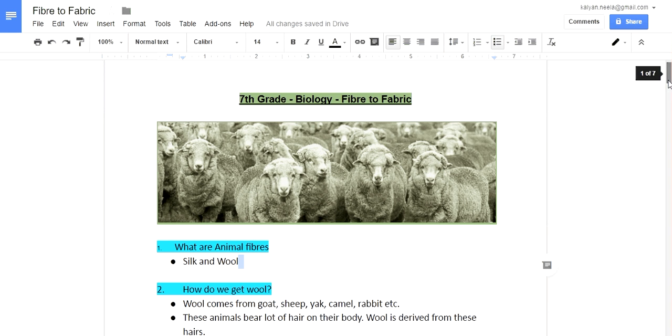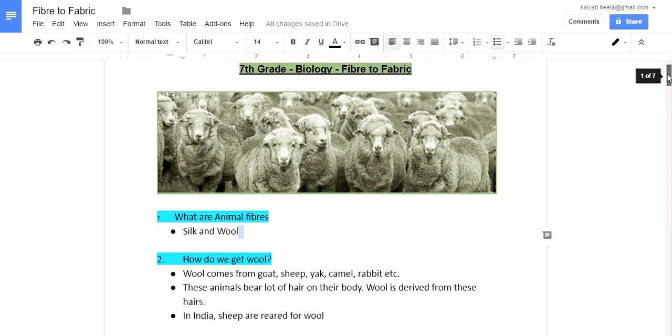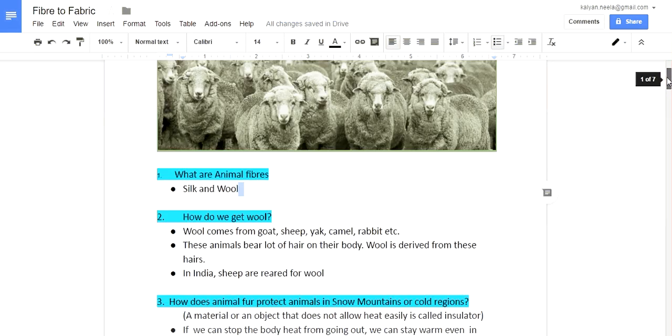Animals develop this kind of thick fur to protect themselves from the extreme weather. They don't have jackets, right? So they develop this fur.